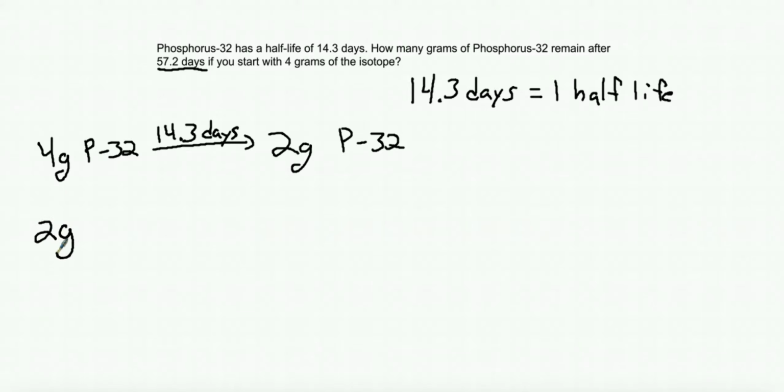So now our 2 grams that has not decayed yet is going to undergo another half-life. So our 2 grams of phosphorus-32 will experience another 14.3 days. And now we have 1 gram of phosphorus-32 left.